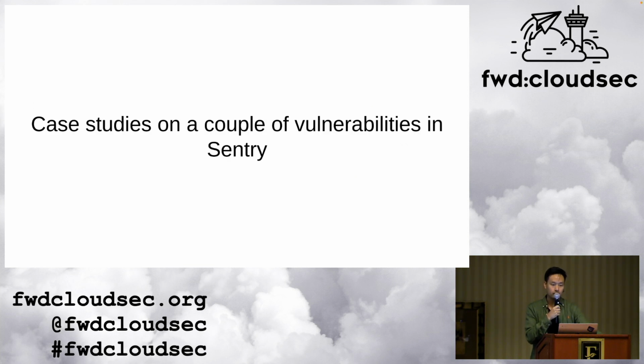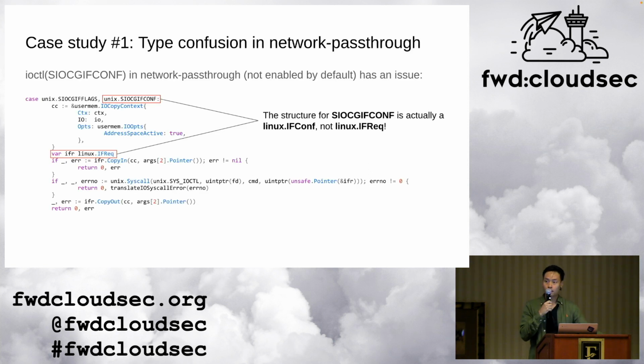Now, let's dive into some vulnerabilities that we found during our review and research. The first vulnerability is in the command to get the interface configuration. Namely, in the network pass-through mode, the implementation of the syscalls simply forwards the command to the host. And the gVisor team introduced a very subtle mistake, however, with some consequences.